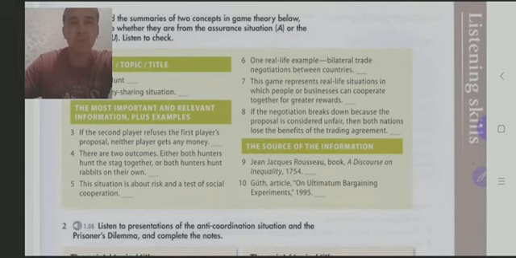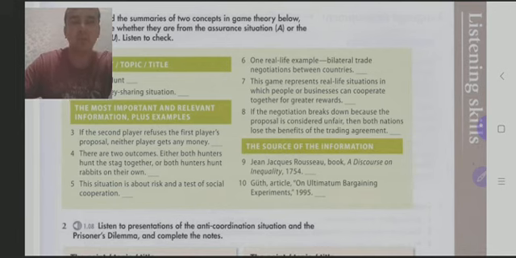This game represents a real-life situation in which people or businesses can cooperate together for greater rewards. A or U. If the negotiations break down because the proposal is considered unfair, then both nations lose the benefits of the trading agreement.